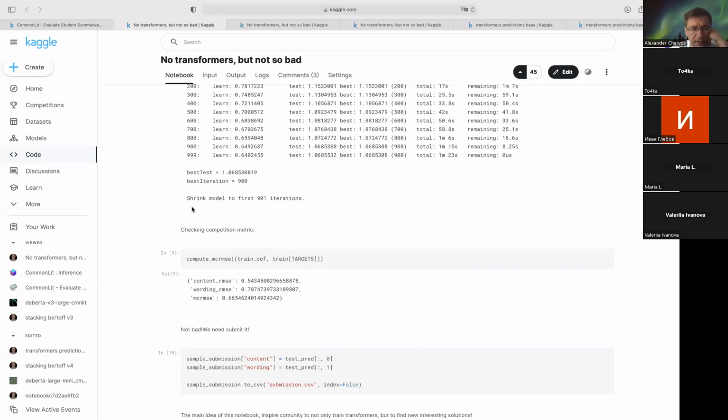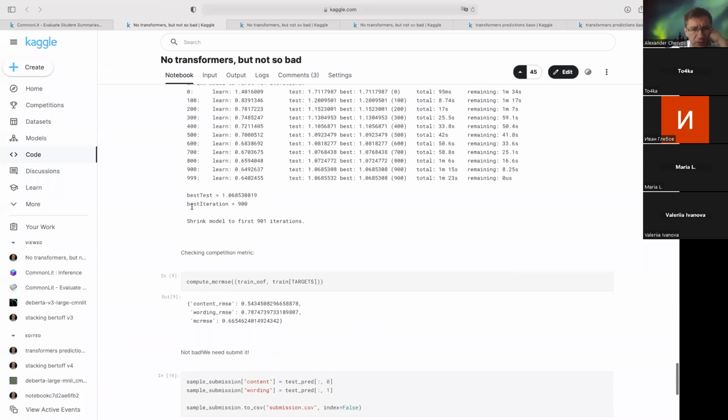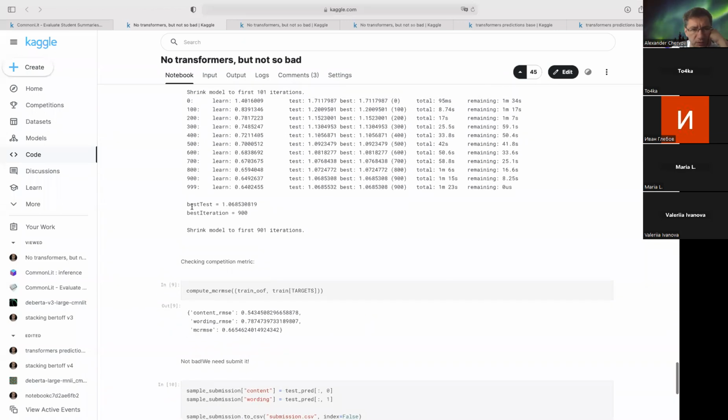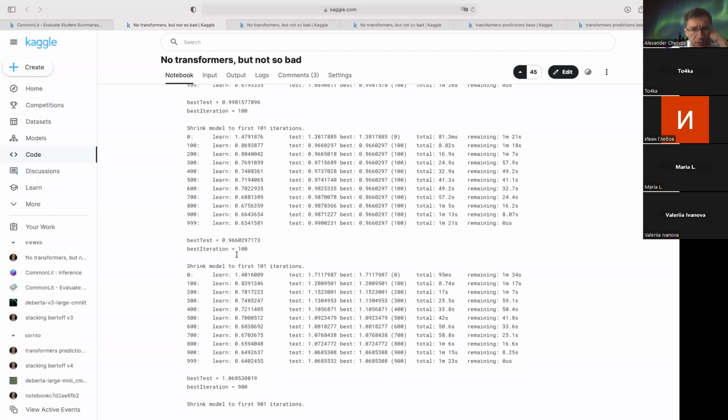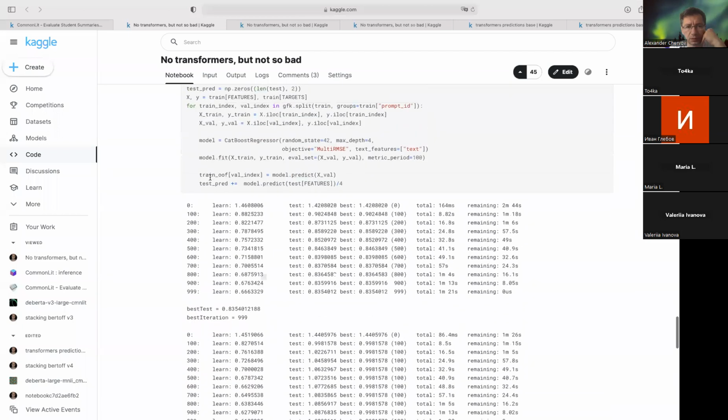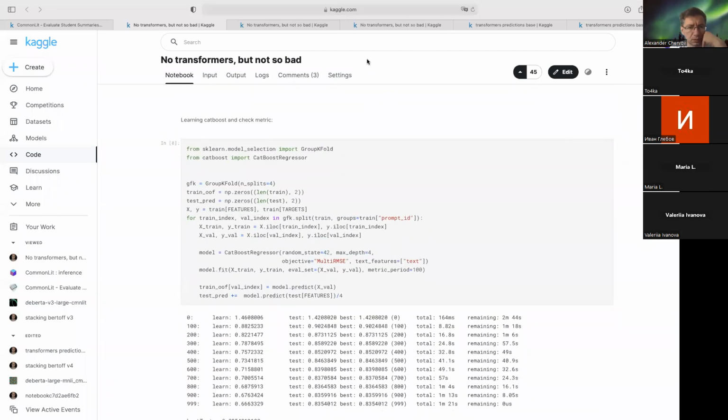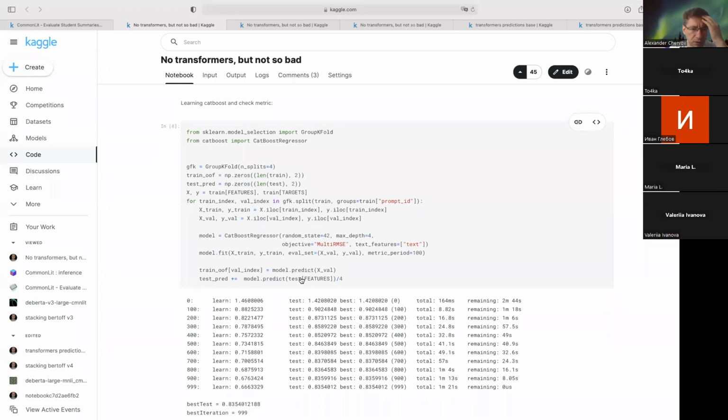And the model which you use in this notebook is CatBoost? Yes, CatBoost, because CatBoost has a native multi-regression task, unlike XGBoost or LightGBM.